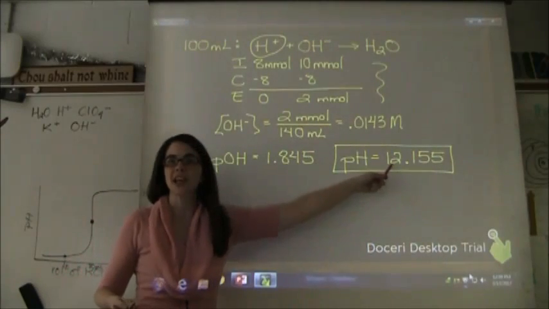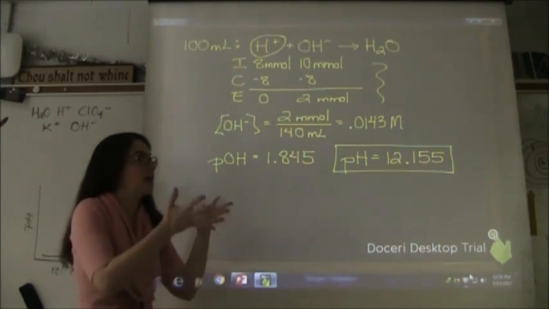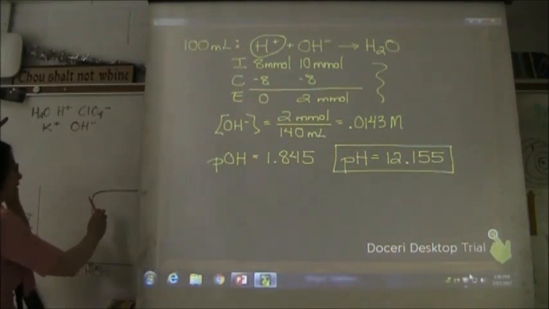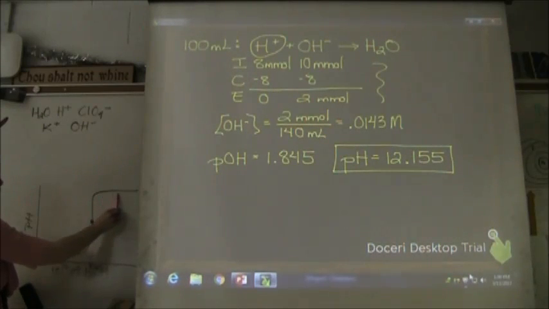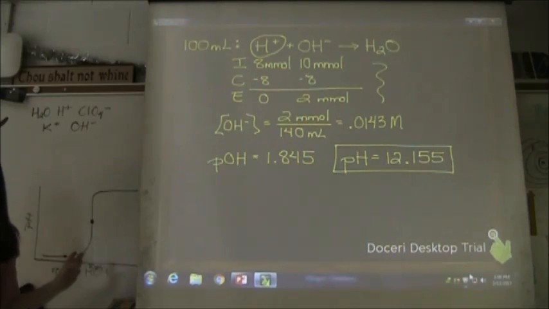This pH makes sense because I have, again, excess leftover base. My pH would be somewhere up in here now. Okay? So you need to be aware when you're doing these calculations of where you are in these curves.